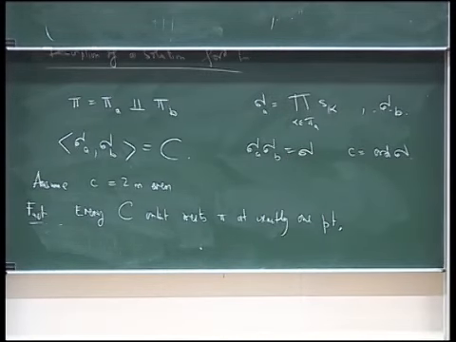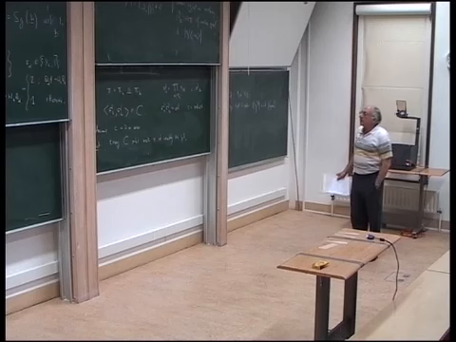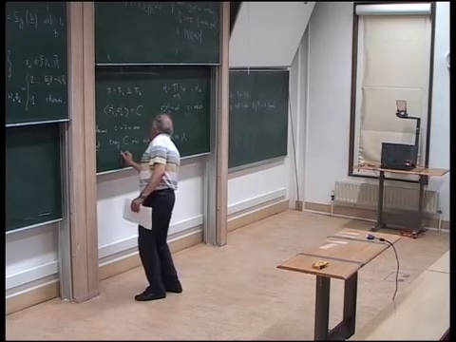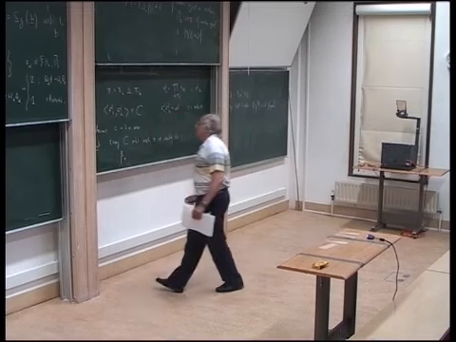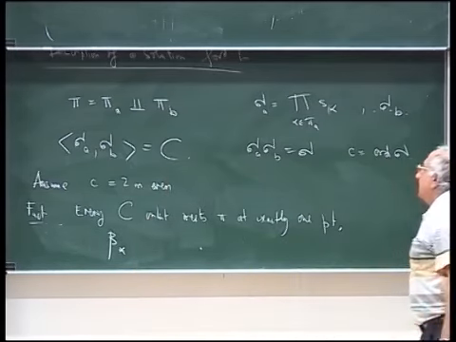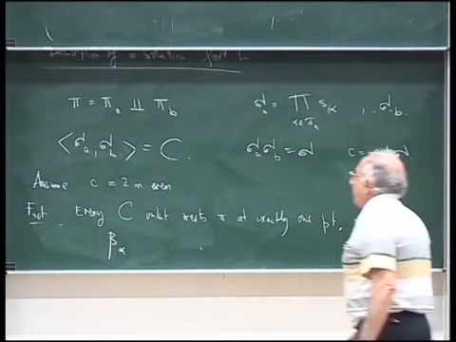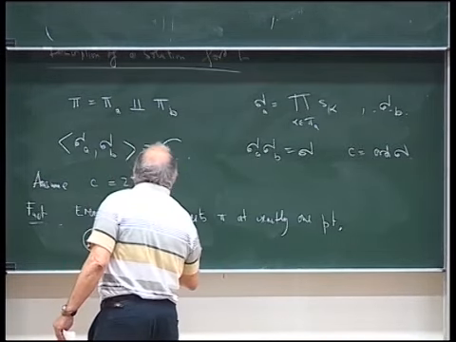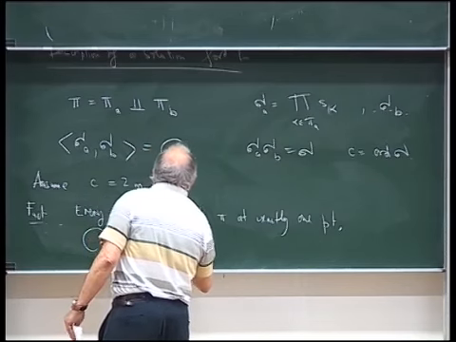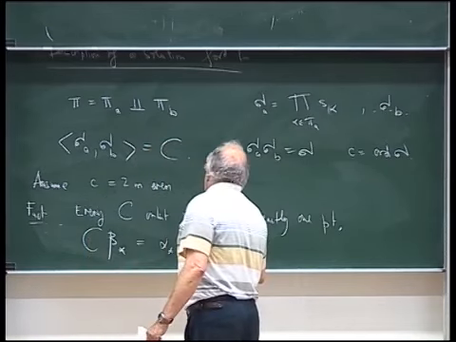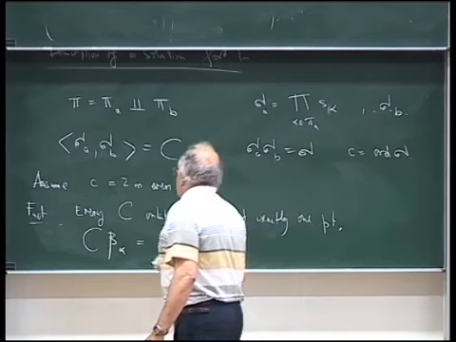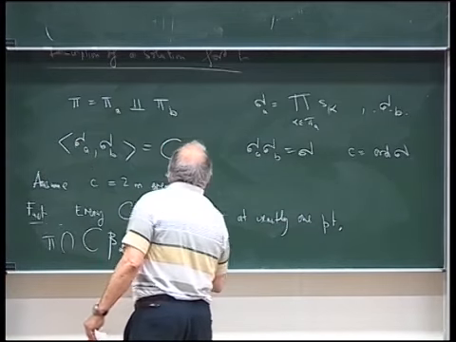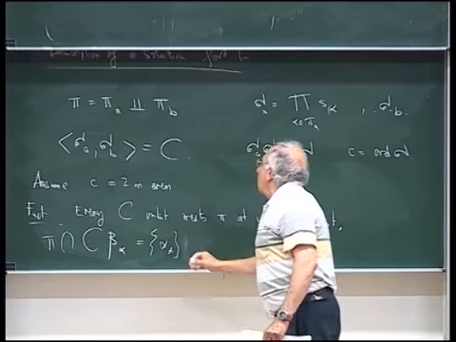So therefore, if you take the highest root, which I'll call beta star, and I apply C to it, this will meet a unique element, let me put it like this, which I'll call alpha star.